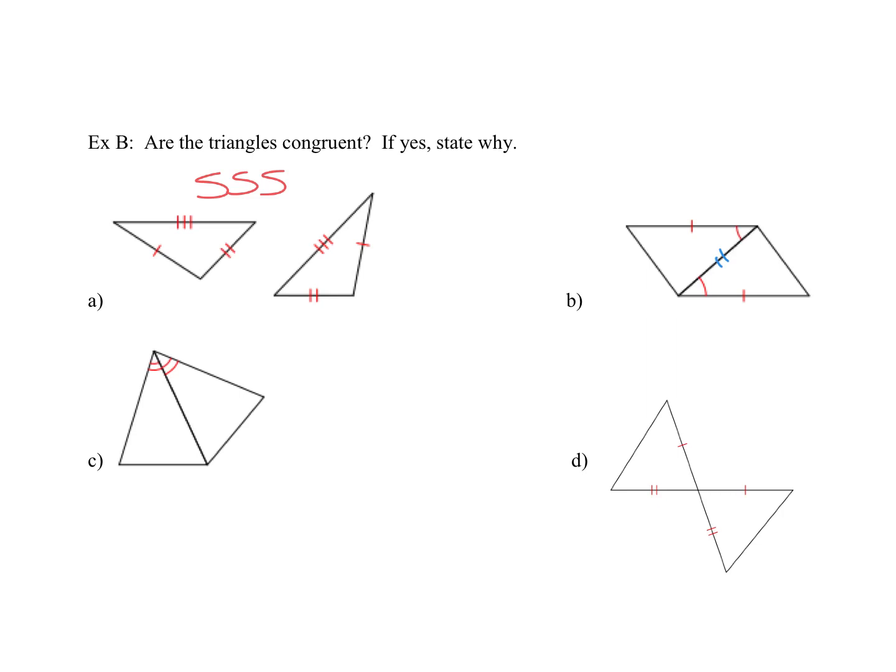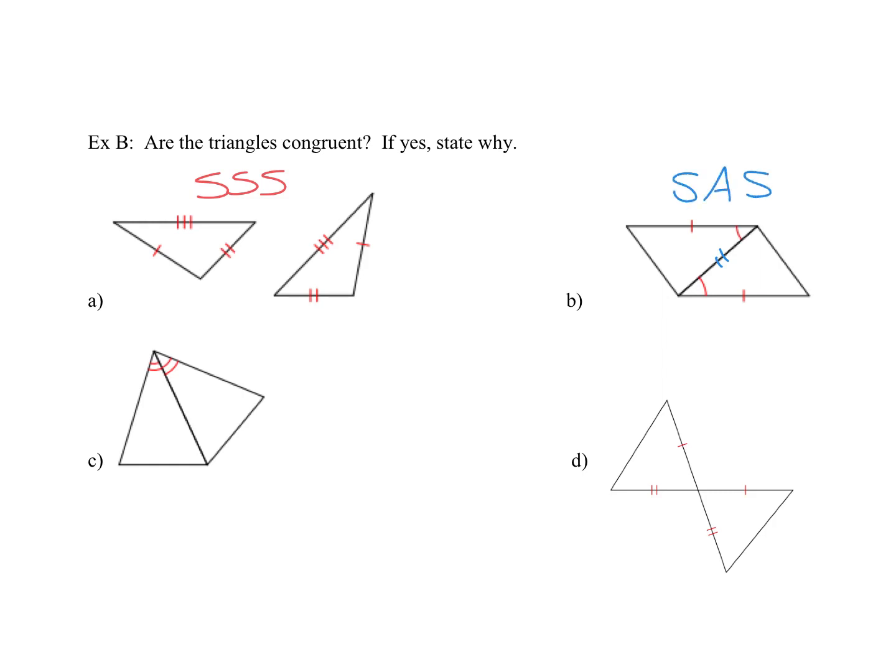That's a good example of the reflexive property. When you see something like that and they're attached to each other, you can know that side is the same for each triangle because it's shared. So I have two sides and an included angle: side, angle, side, exactly.